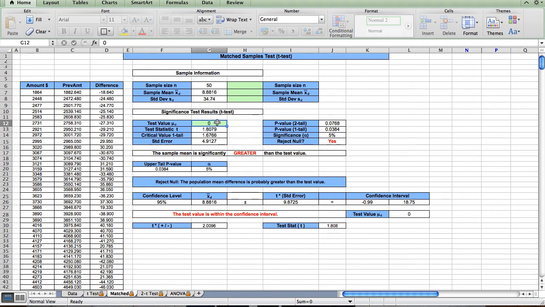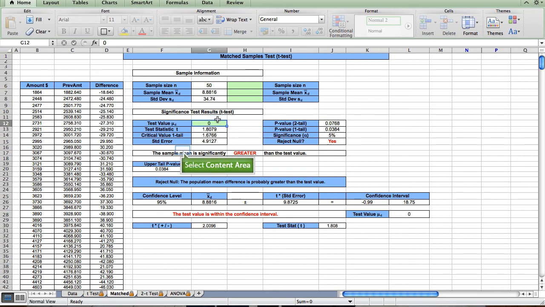In this case, my test statistic is 1.81, and the critical value is only 1.68. So of course our p-value will be less than 5% because the test statistic is beyond the one-tailed critical value. The p-value also reflects that. 0.0384 is less than 5%, so yes, I would reject the null of 0 change.